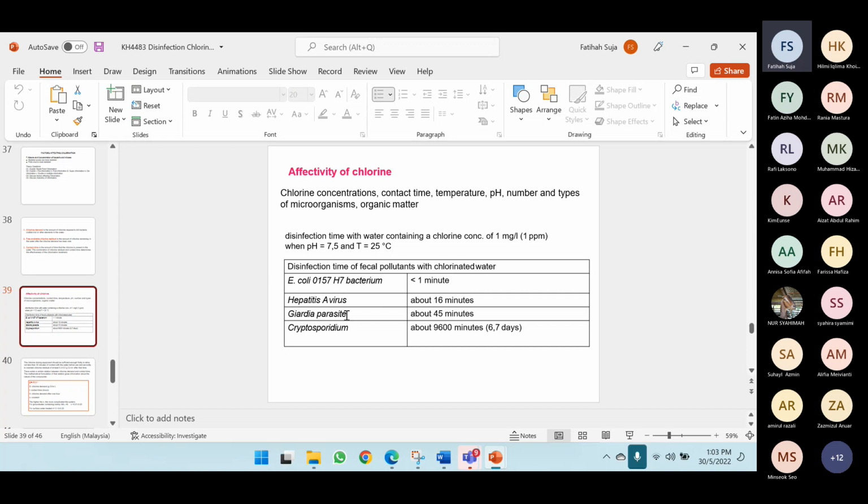So when you look at the characteristics of your water source, sometimes you can see the detailed type of microorganisms. By looking at this, you know this amoeba type exists in your treated water, then you need to apply 6 to 7 days of disinfection. Okay.